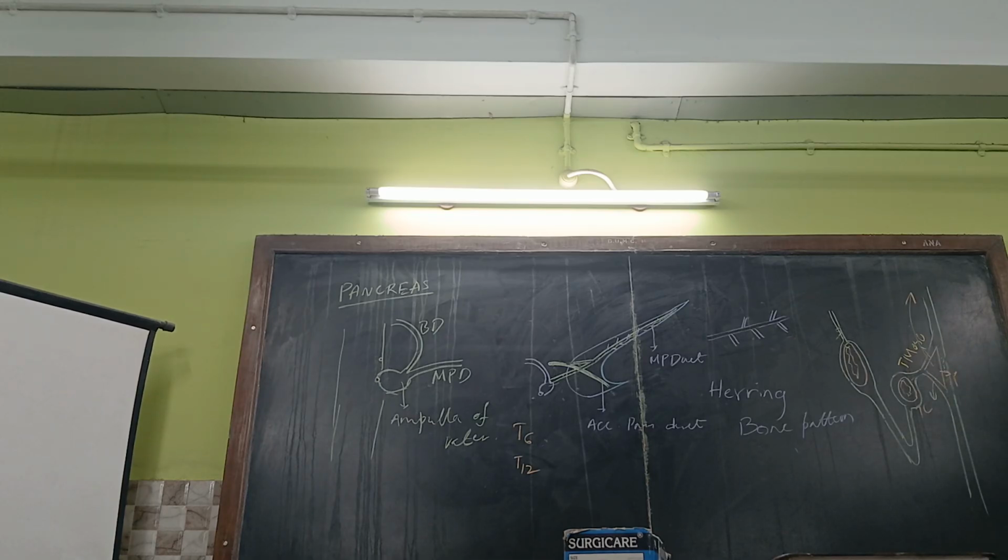Could you understand? So the pain of the pancreatitis is not only reaching the anterior abdominal wall, but because of close proximity with the posterior abdominal wall, the inflammation will be hitting the somatic nerves. Again, the pain will be carried over.